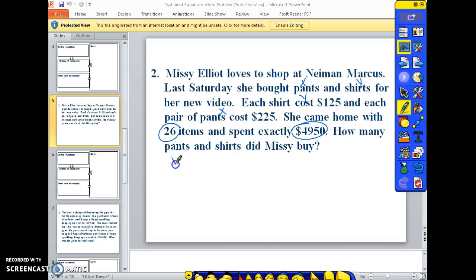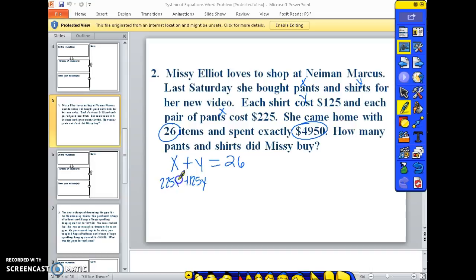So she bought pants and shirts that equal 26 items, and she spent $125 per shirt, which is supposed to be Y. And each pair of pants cost $225.